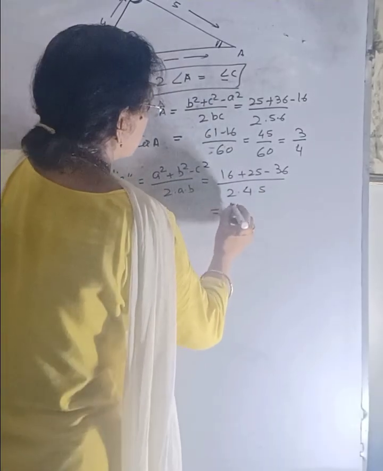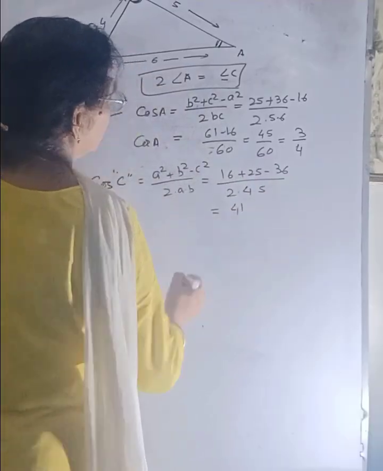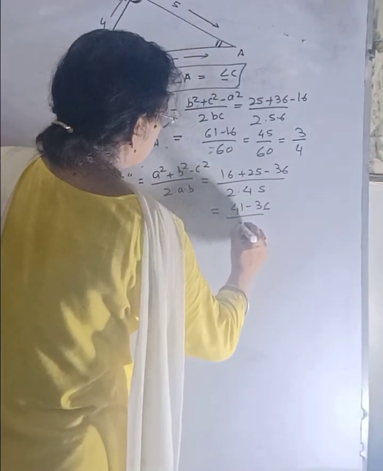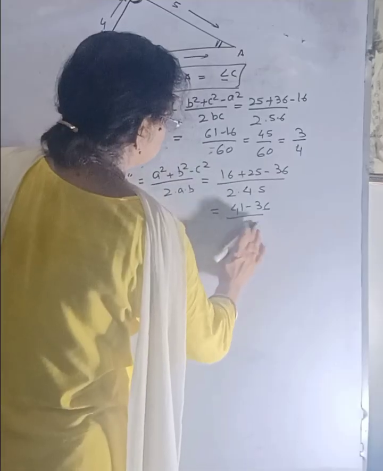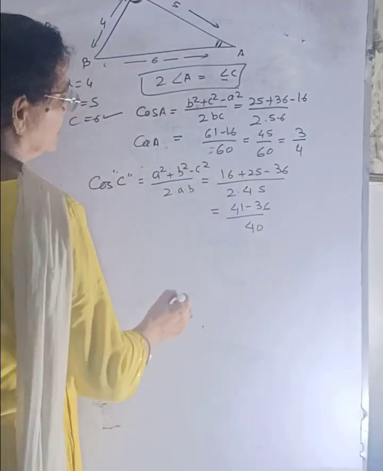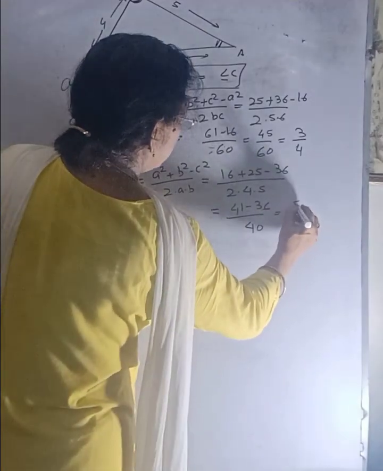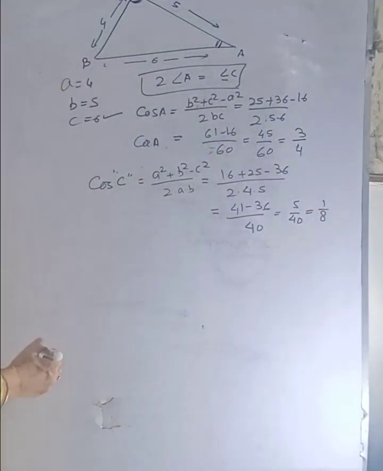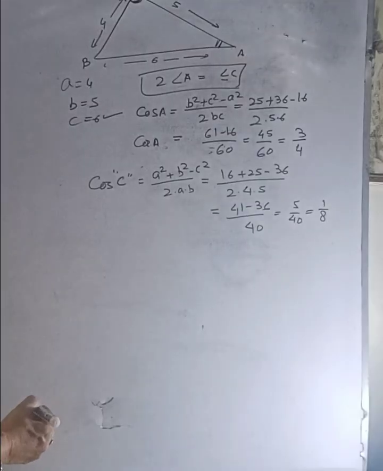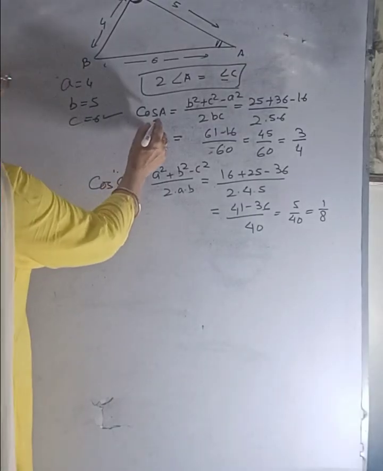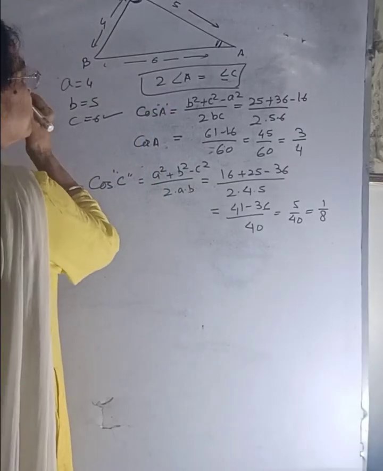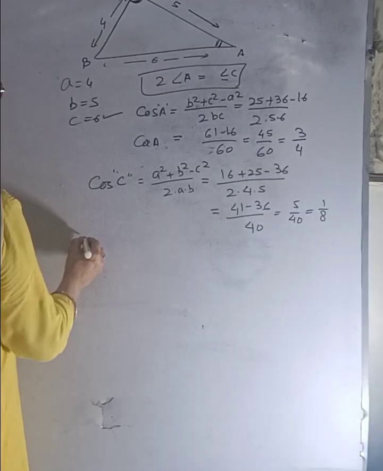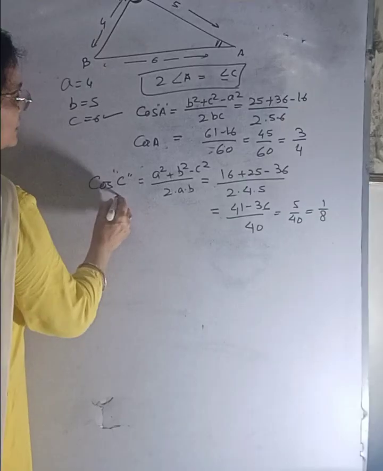That is equal to 41 minus 36 upon 2 into 20, 40. That is equal to 5 upon 40, which is equal to 1 upon 8. Okay? Now, this is cos C, this is cos A. The value of cos C is equal to 1 upon 8.